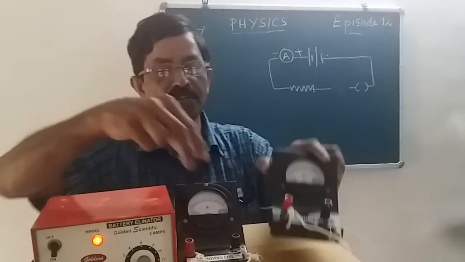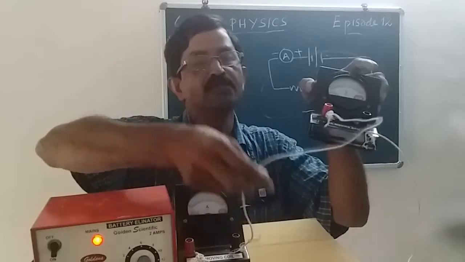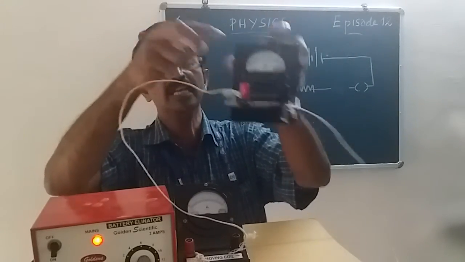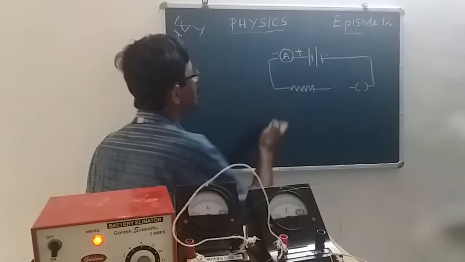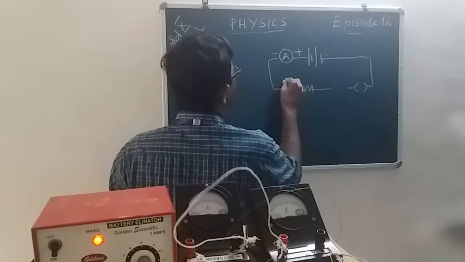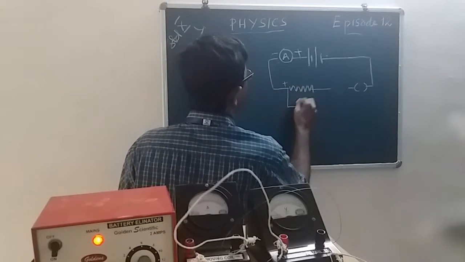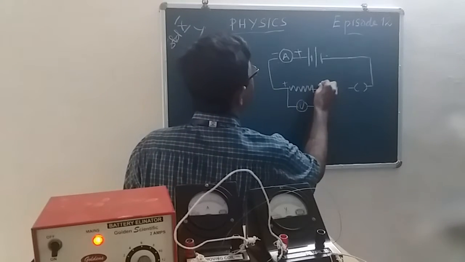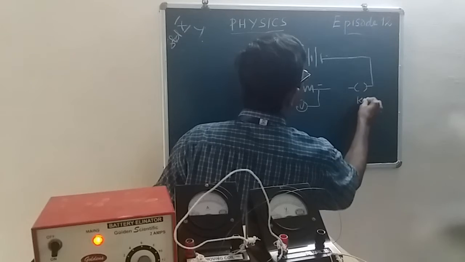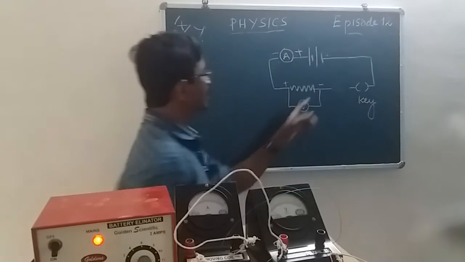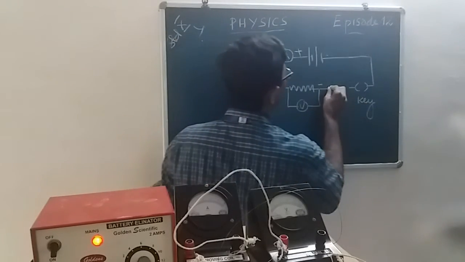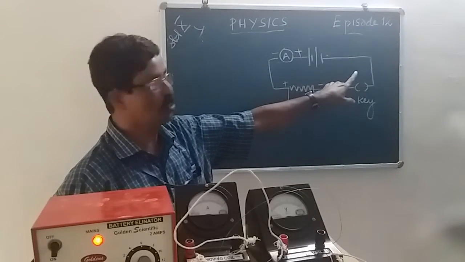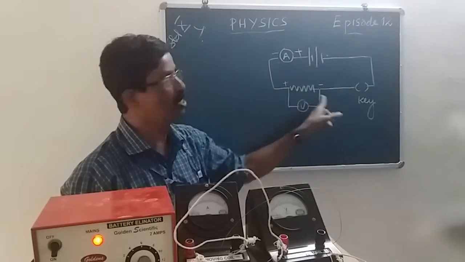From the negative of the ammeter, this wire comes to the positive of the voltmeter, so the voltmeter is connected in parallel to this one. This is the circuit diagram used to verify Ohm's law.